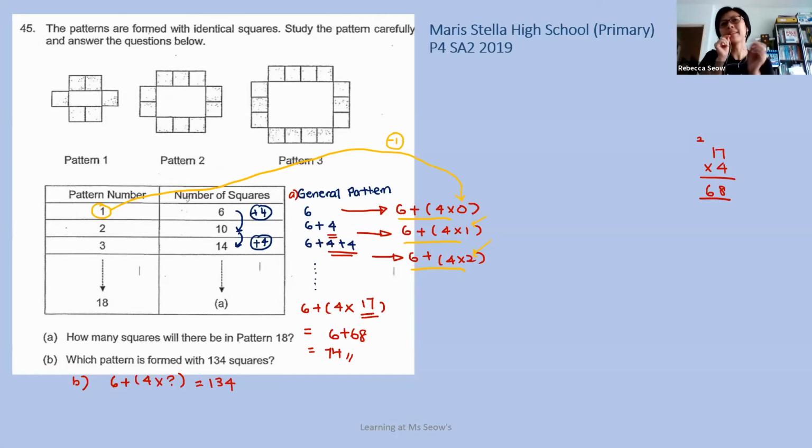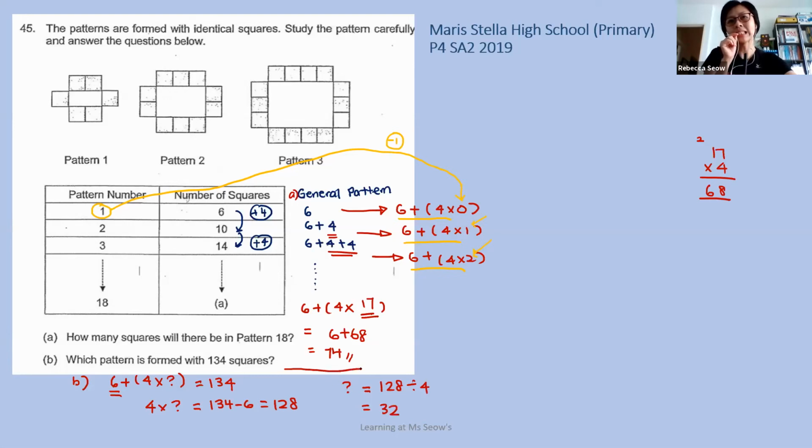We need to find that multiple of 4, which means we got to take away 6 from 134 first. So what we are left with will be that multiple of 4. So 134 minus 6 gives you 128. So what is that multiple of 4 that will give you 128? To find out, we take 128 divided by 4 and we get 32.